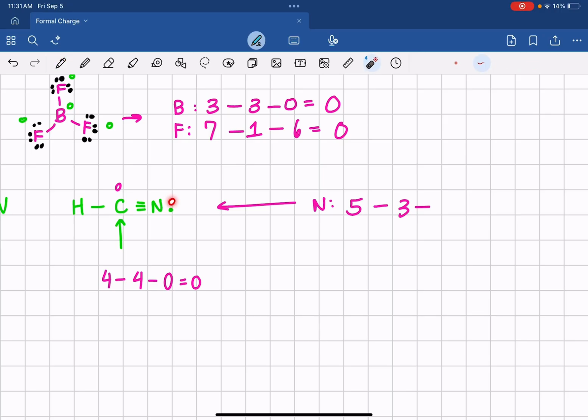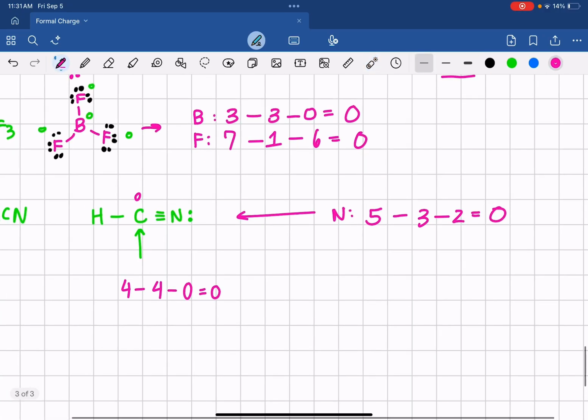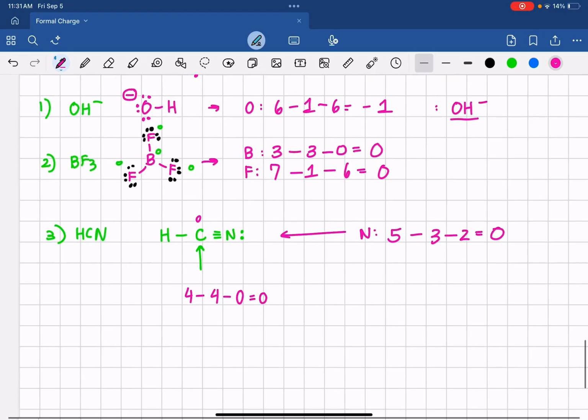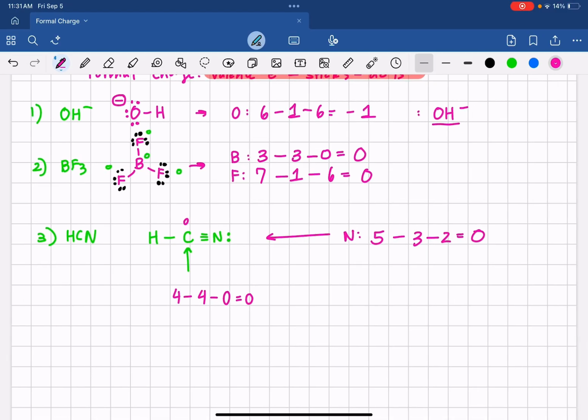Non-bonding means it's not in a bond. It has 2. So let's put down 2. Overall, nitrogen has a formal charge of 0. I hope this was helpful in understanding formal charges. If you need help, there's lots of information on the internet, as well as the answers. And that's how we calculate a formal charge.